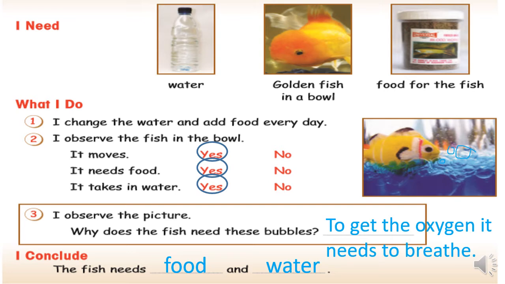No, because it has gills and not a nose to breathe. You have a nose, so you can breathe with your lungs, and this fish has no nose, so it has gills to breathe. Let us see where these gills are found.